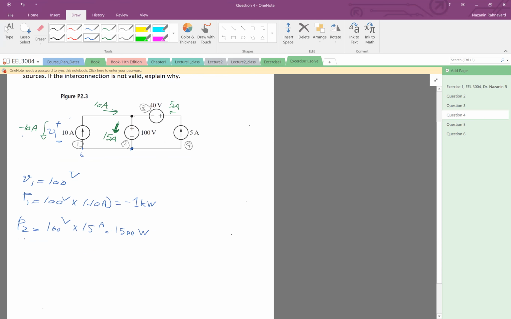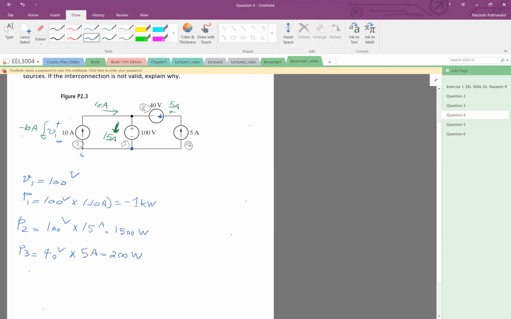Okay, now let's look at P3. The voltage is 40 volts times the current that enters here, which in this case is 5. Then 200 watts.